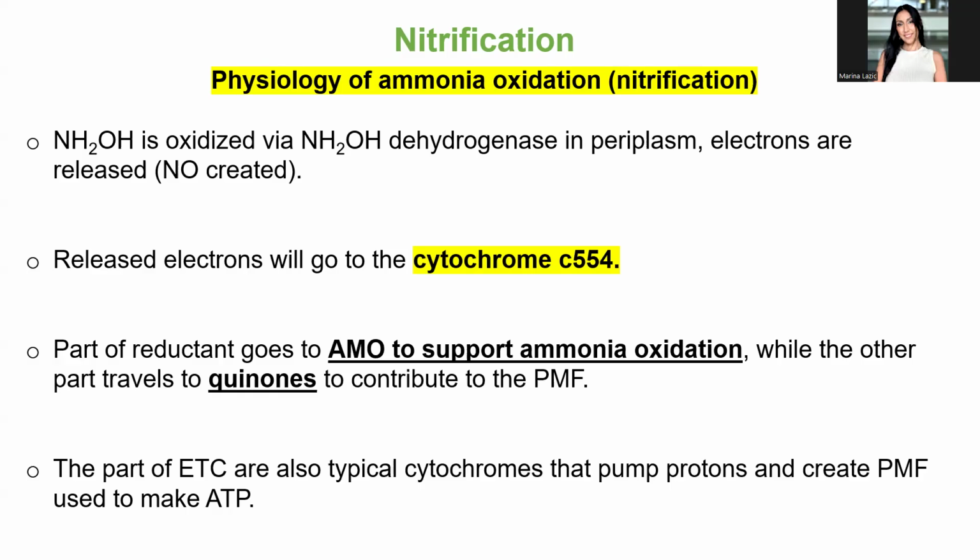They can oxidize ammonia and utilize it as a nitrogen source, and they will make hydroxylamine. It won't kill them because they evolved hydroxylamine dehydrogenase that will detoxify hydroxylamine. But methanotrophs do not have these cytochromes, 554 and 552, which means they have nothing to deliver electrons that originate from hydroxylamine oxidation to the electron transport chain, which means they can't survive on ammonia as an energy source. They have to have methane.